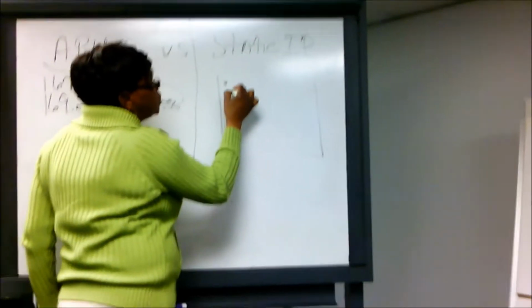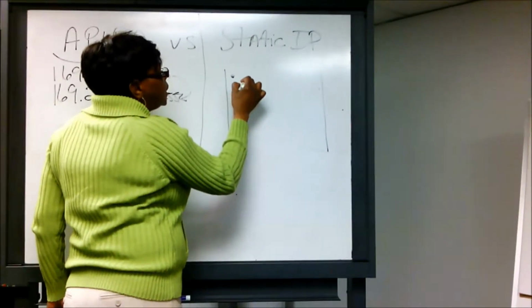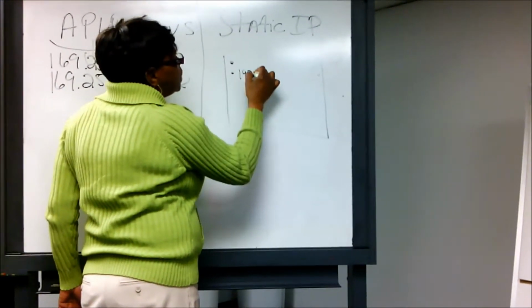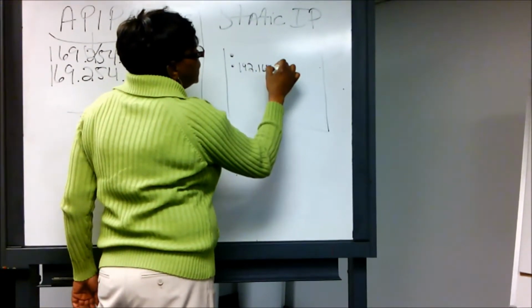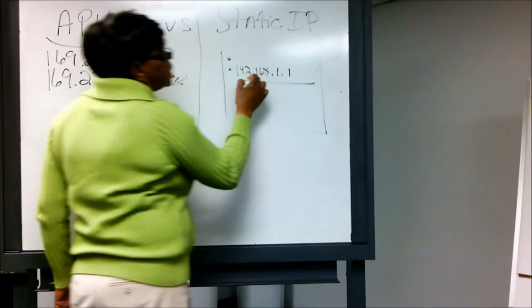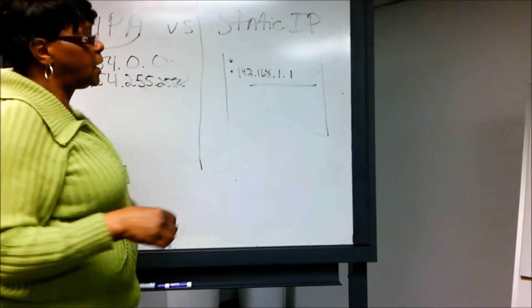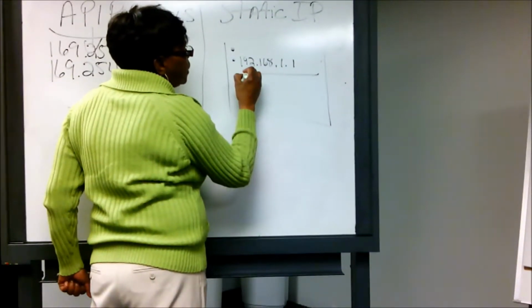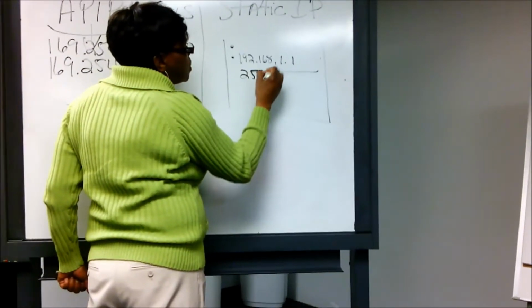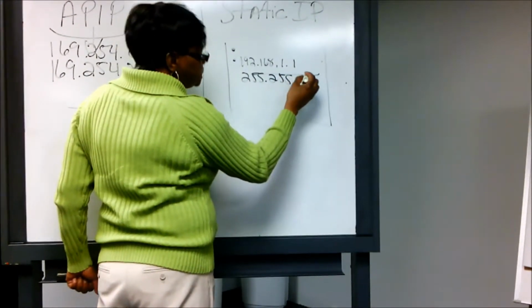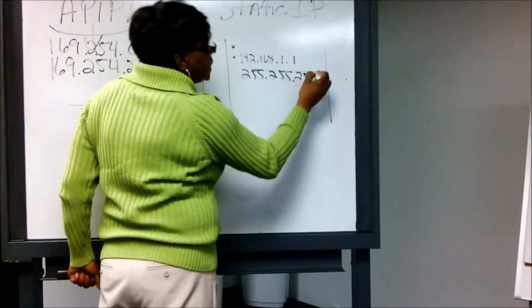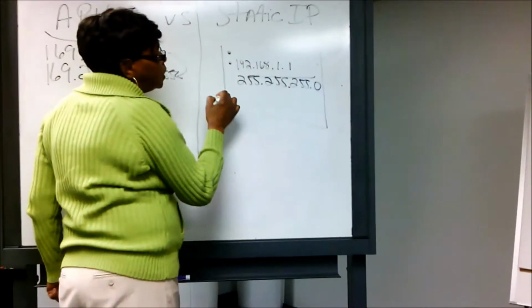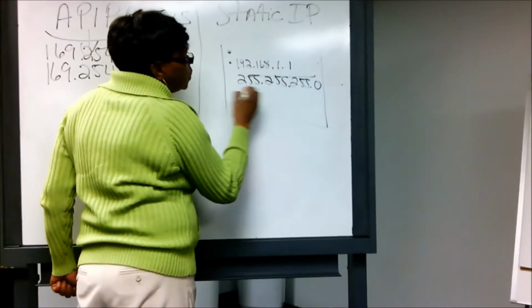You would put an address in the static IP address box, just as an example, 192.168.1.1, and this address remains the same until the administrator goes in and changes it. It would also have a subnet mask that goes along with it, and if it needs a gateway, well, printers don't need to go out on the internet, so that gateway box would remain empty.